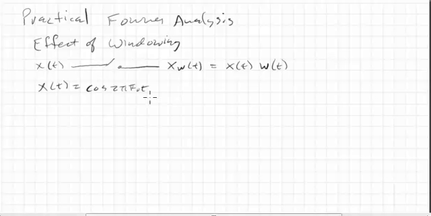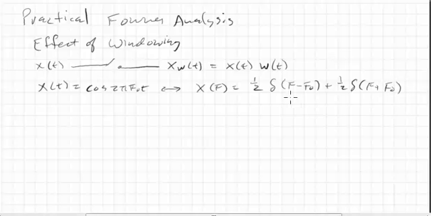We also can come up with a continuous time Fourier transform if we allow delta functions to exist. So this has a continuous time Fourier transform made up of a delta function at f naught and another delta function at minus f naught, which we represent as delta of f plus f naught.